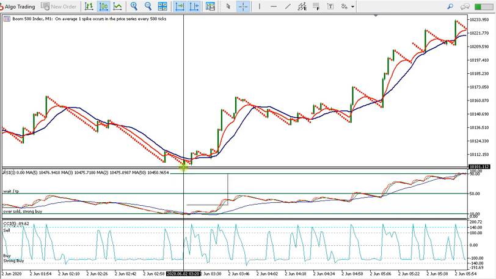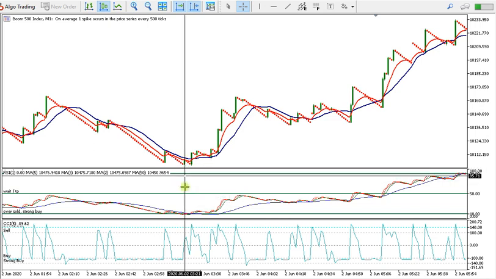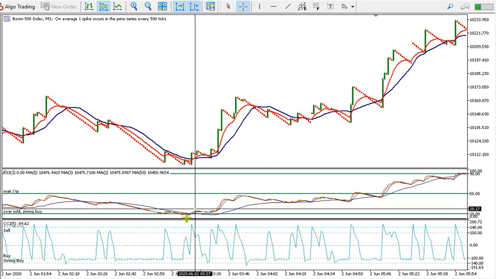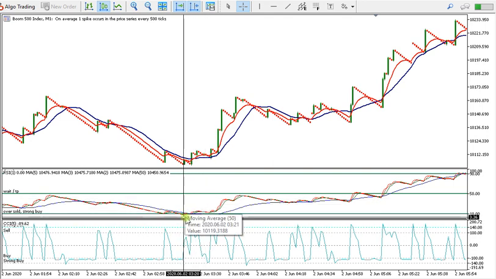The uptrend actually started from this green candle, which is here. So the first option you check is this area here.